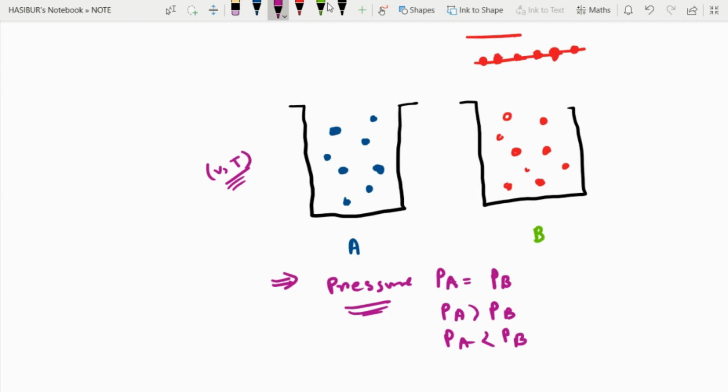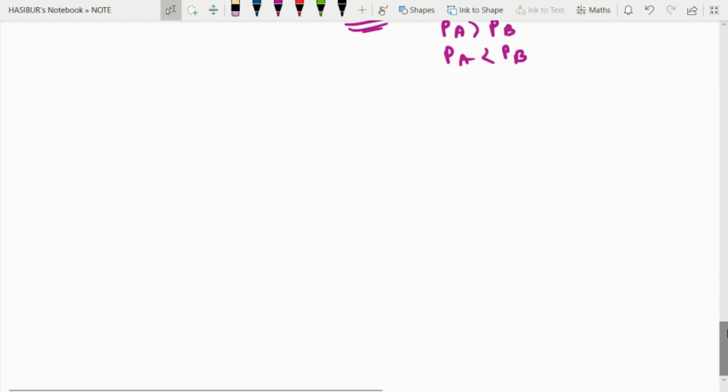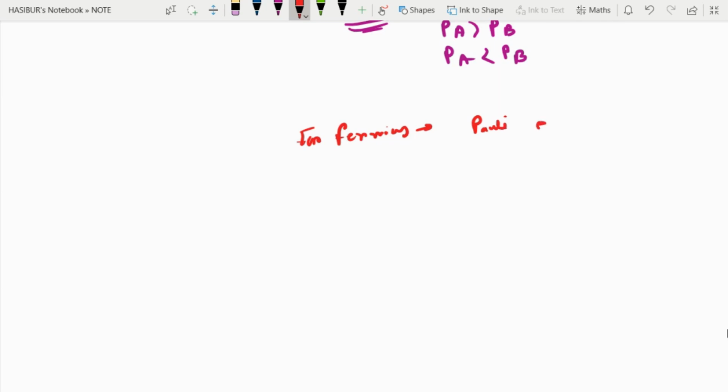So the answer will be, for fermions there is the Pauli exclusion principle.